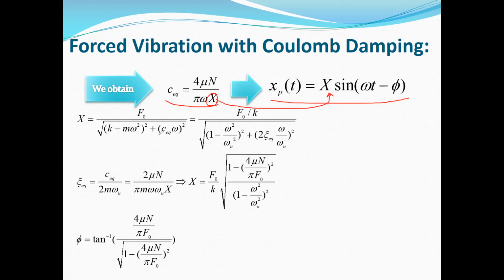Here you can see, if we assume C equivalent is the equivalent coefficient of x dot in the equation of motion, we have K and M, and omega, which is the frequency of the excitation. So we can substitute here, and also we can write this equation in the form of the damping ratio and frequency ratio, and simplify this equation for zeta equivalent, the equivalent damping ratio, which is a function of C equivalent.